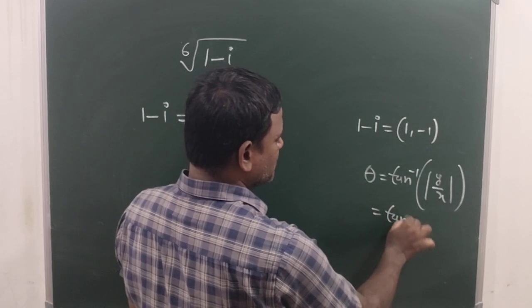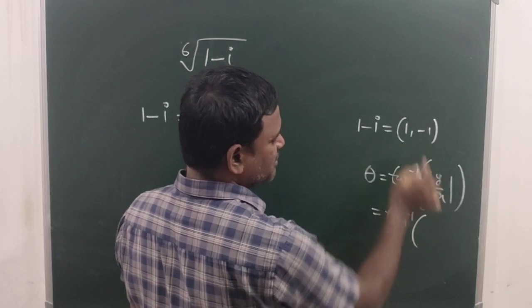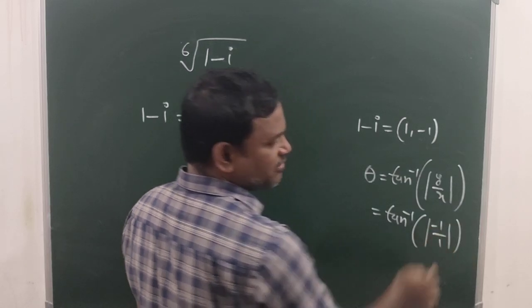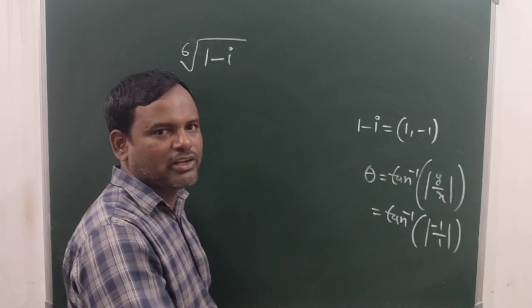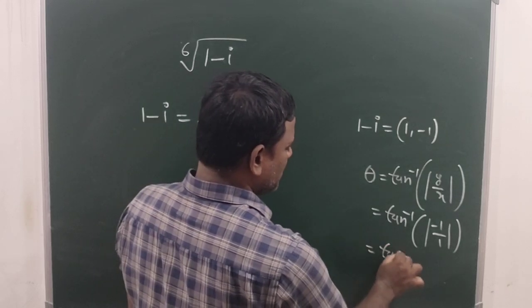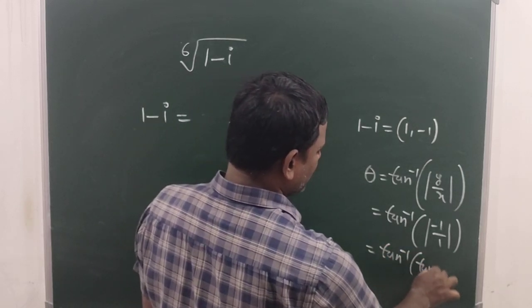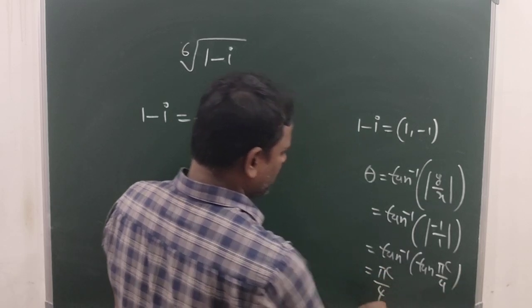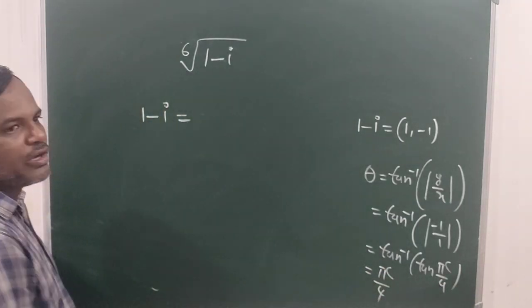So here tan inverse of mod of minus 1 by 1. Minus 1 by 1 becomes minus 1, but mod is there, so you have to take only positive one. Hence tan inverse of tan 45. So what is the principal argument? Pi radians by 4. Okay students.